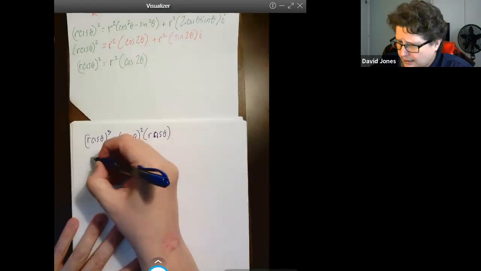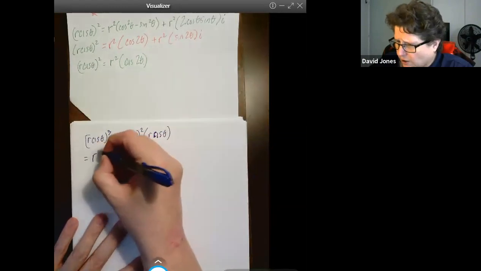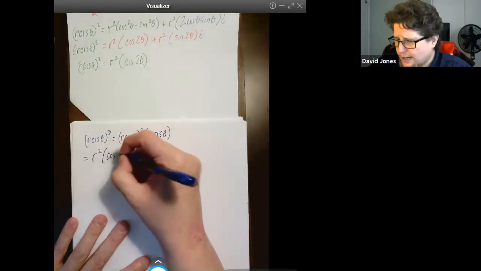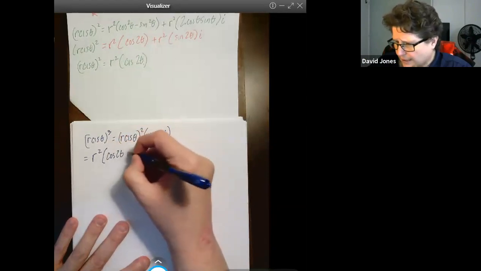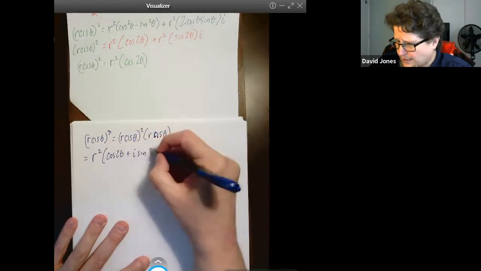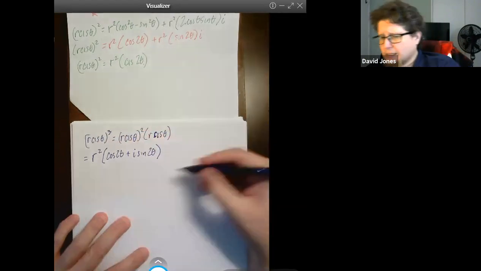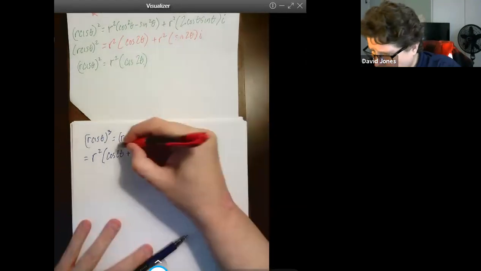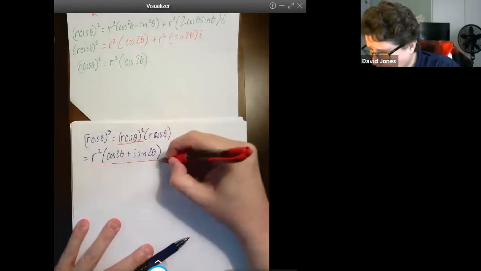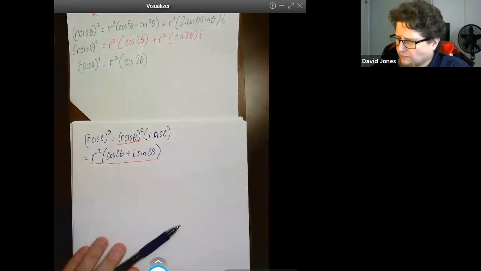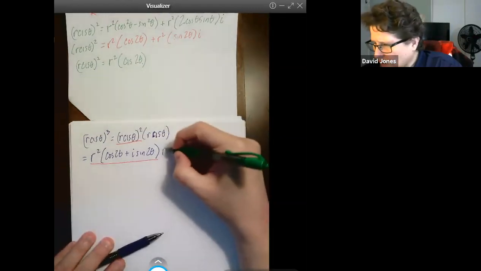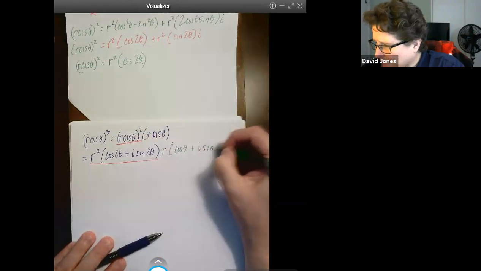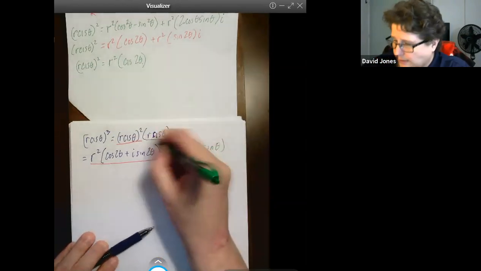So I've got r squared times cosine of 2 theta plus i sine of 2 theta. That's this first one. And then I've got r cosine of theta plus i sine theta. And that's this one.